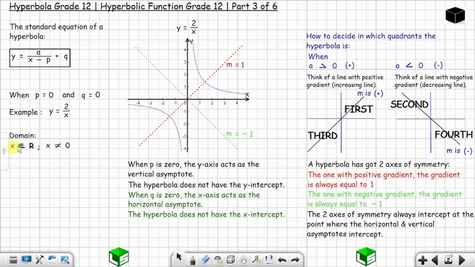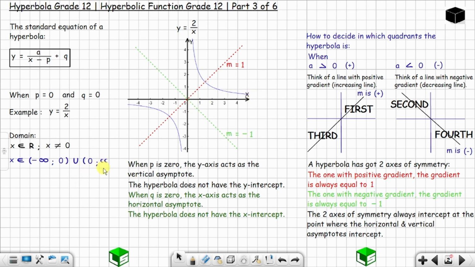Okay, you can give the domain like this, or you can say x element from left, you have negative infinity. So you have this bracket, you can give it as a bracket, negative infinity, all the way to 0. There is a break there. And then union from 0 all the way to positive infinity.